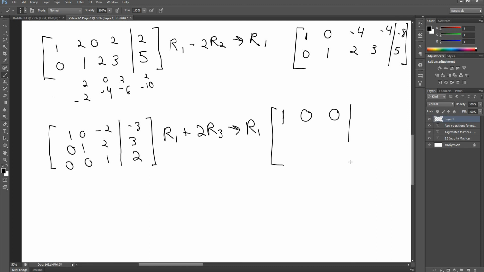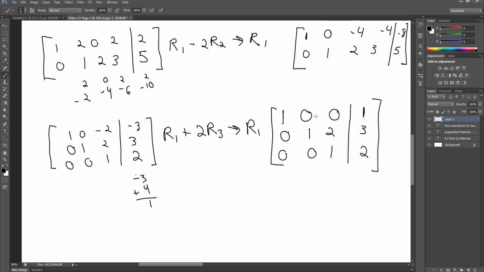I'm going to have negative 3. So negative 3 plus 2 times 2 is 4 is just 1. I'm not changing row 2 and I'm not changing row 3, so I'm just going to copy what they are. And then 0, 0, 1, 2.